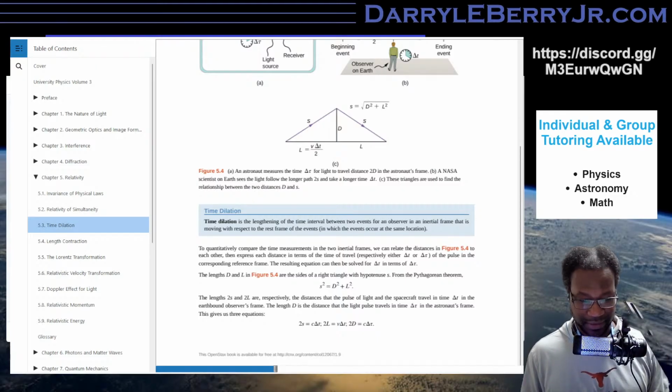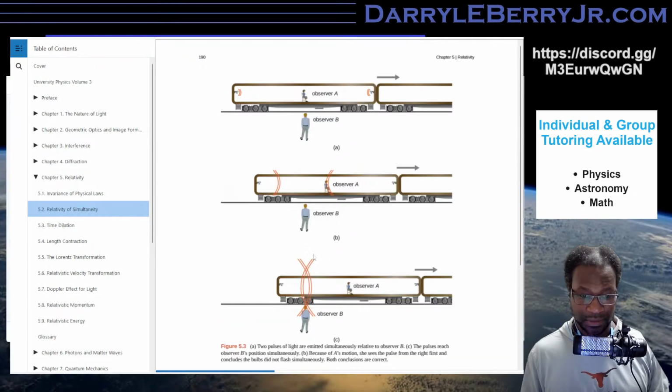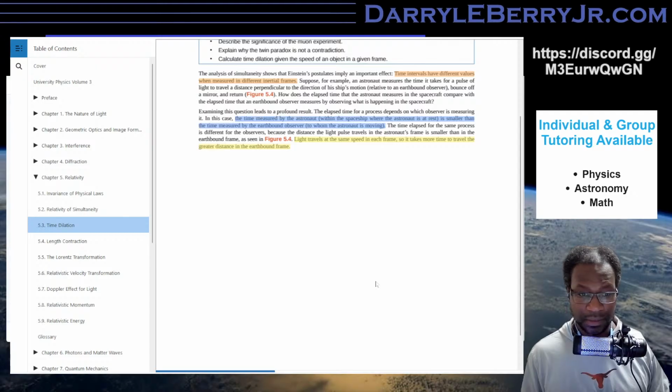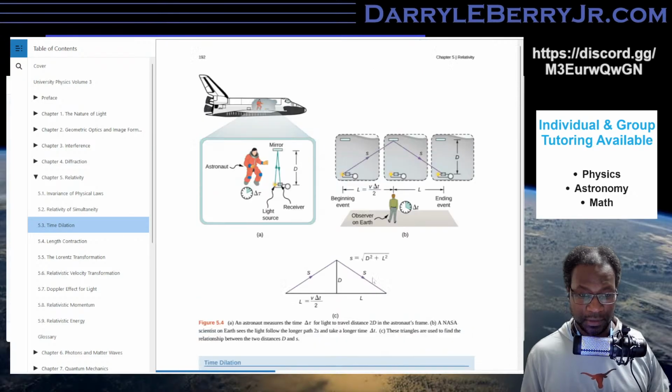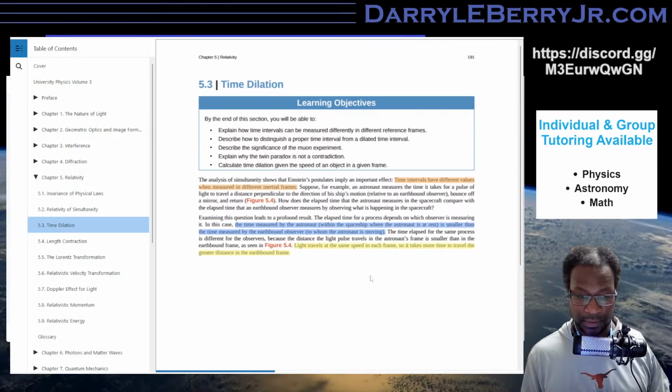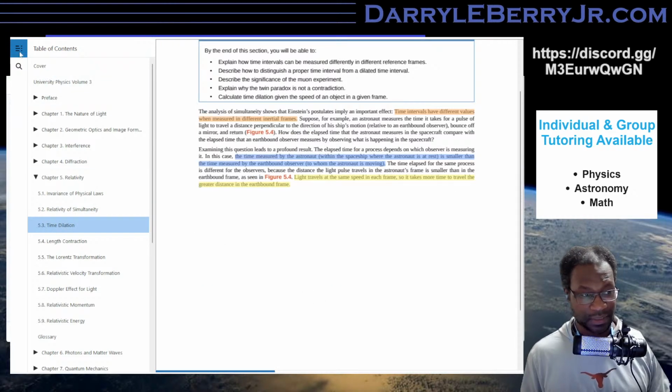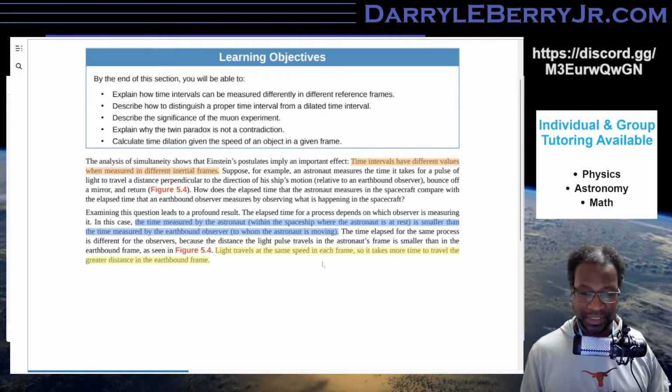Looking at this section right here in this textbook, it says light travels at the same speed in each frame, but it takes more time to travel the greater distance in the earthbound frame, which we'll get to.